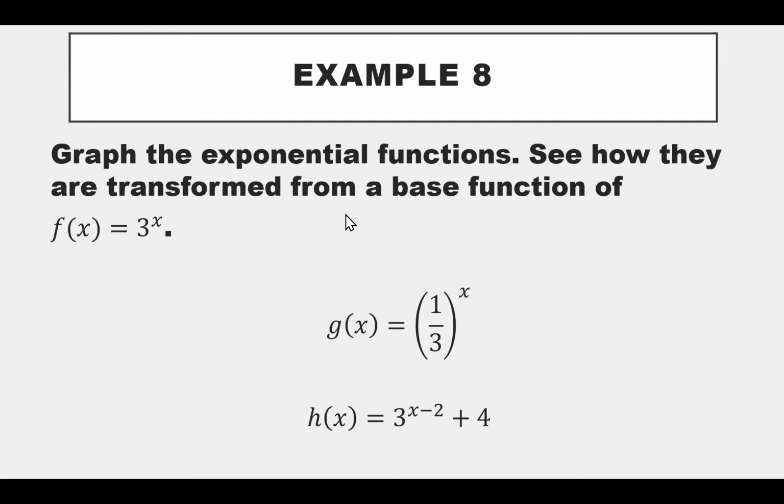So let's take a look at these two functions and see how they're transformed from our base function of f of x equals 3 to the x. Now we've already graphed g of x equals 1/3 raised to the x power, and we saw that was a flip across the y-axis.